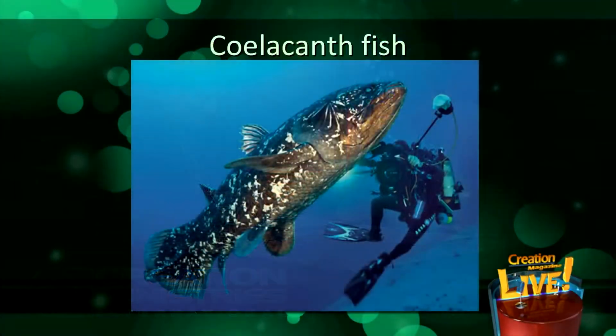Now, for example, the coelacanth, that's probably one of the most famous examples that creationists would point out. It supposedly lived 60 million years ago, at the time of the dinosaurs, and so when they found a coelacanth in a rock, well, the rock must have been at least 60 million years old. It was kind of embarrassing when, of course, they found live ones off the coast of Madagascar, and you can go swimming with some of them today, and you can see some of the pictures on your screen.